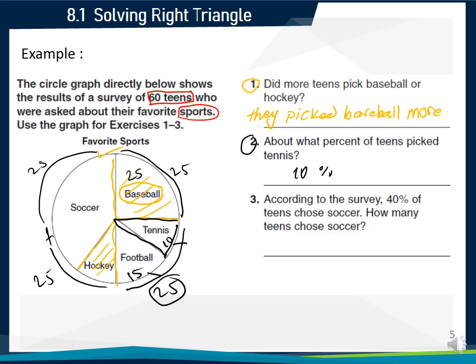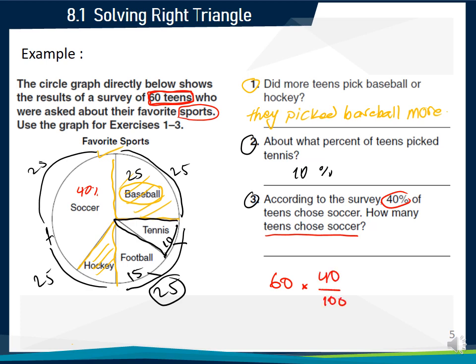Example 3, according to the survey, 40% of the teens choose soccer. Soccer is what? It is 40%. How many teens choose soccer? We have to find the number of teens. So we have 40% and we have 60 teens in here. So we can say 60 multiplied by 40 over 100 because it is percent.